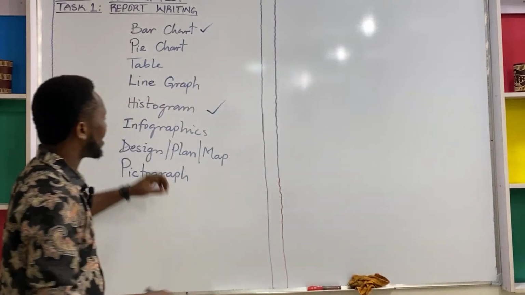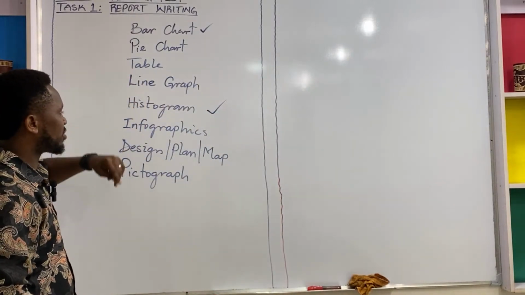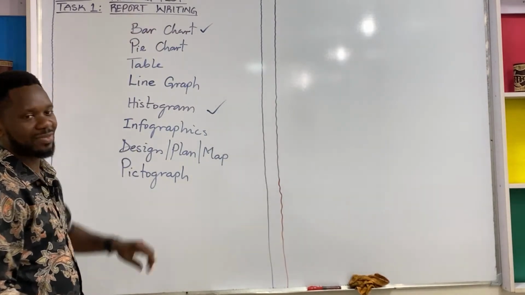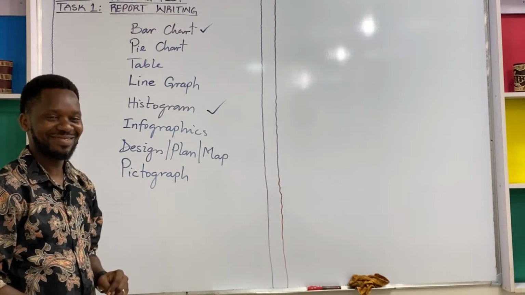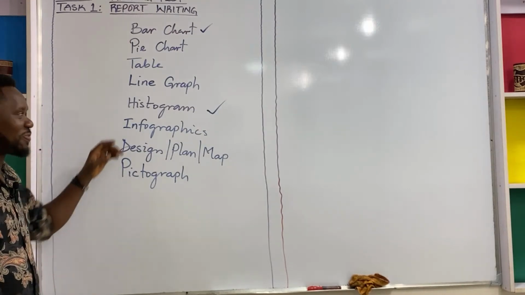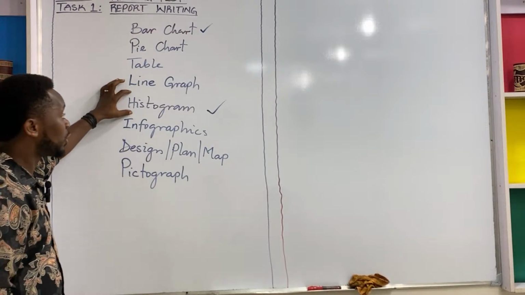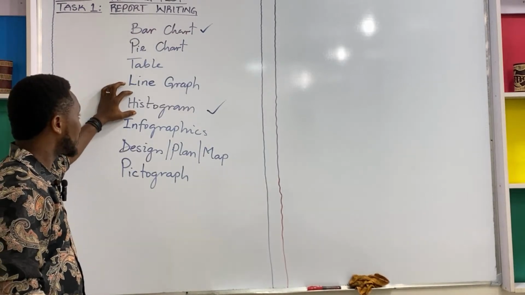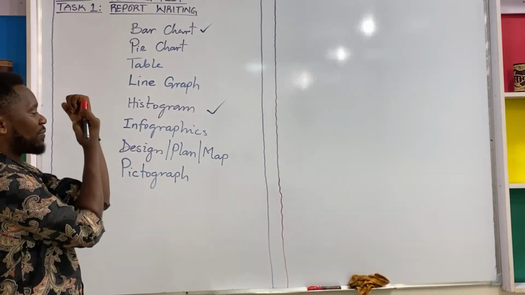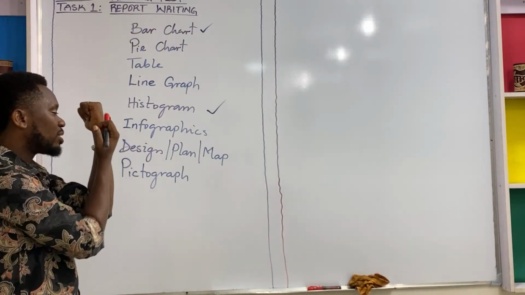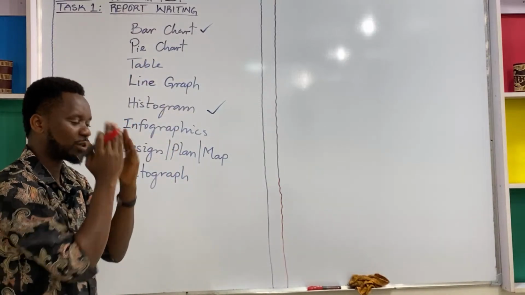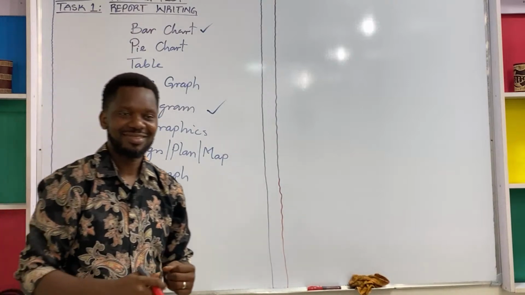A lot of people usually have this confusion as regards whether histograms are the same as bar charts. People need to understand that histograms come by way of leaning on each other. The bars are leaned to each other. But bar charts are usually separated.